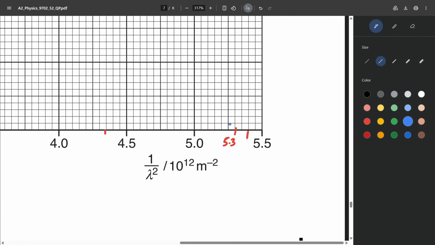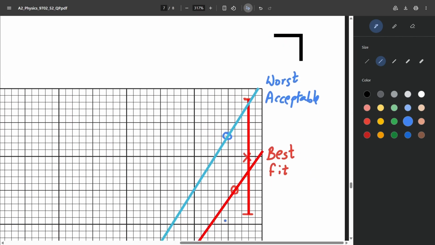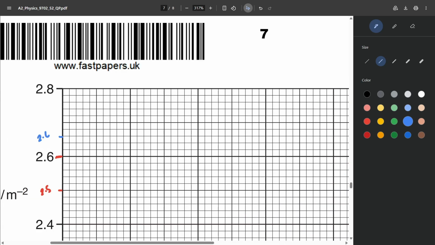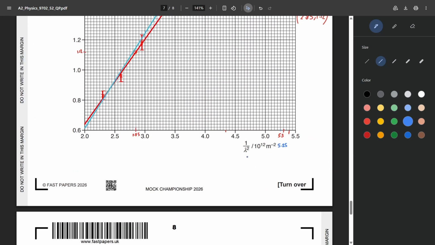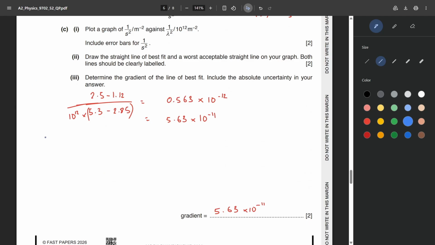The value on the x-axis here is 5.25, and on the y-axis, 2.66. Let's write these two values down in the page above, 5.25 and 2.66.